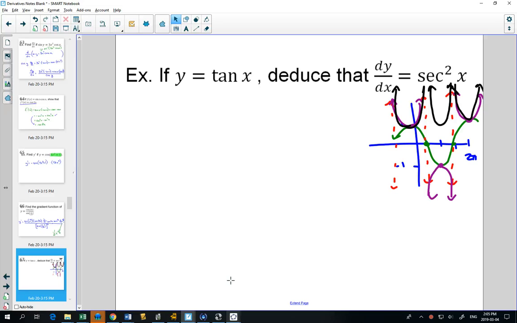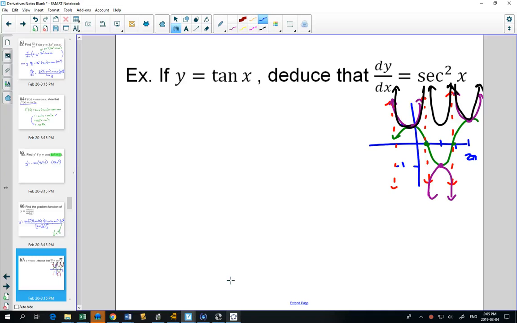Now, why is it that if we started with tan of x, our derivative is secant squared? Some of you are just going to memorize that. That's fine. But if you forget, and I asked you, can you find the derivative of tan? Well, no, unless I tell you it's secant squared.